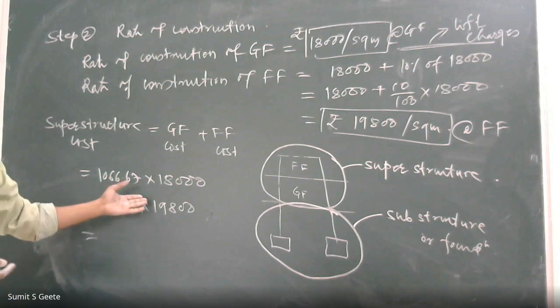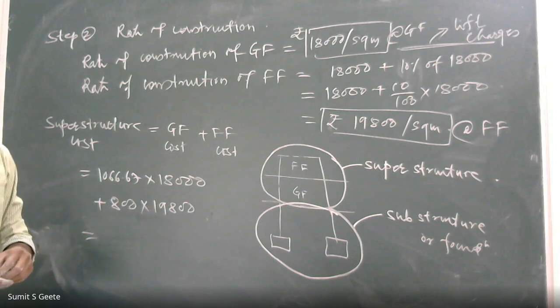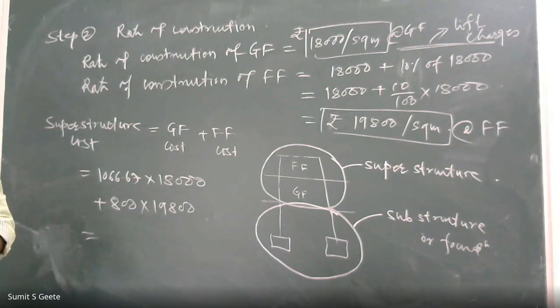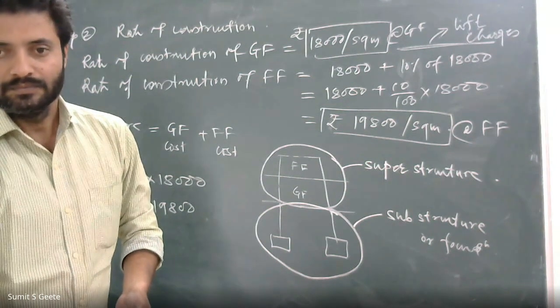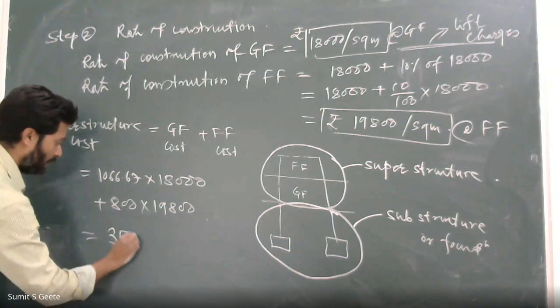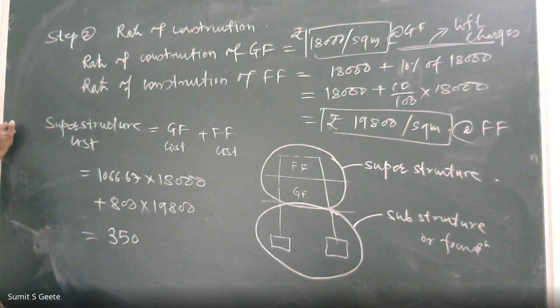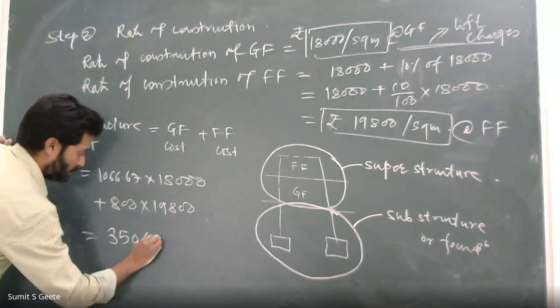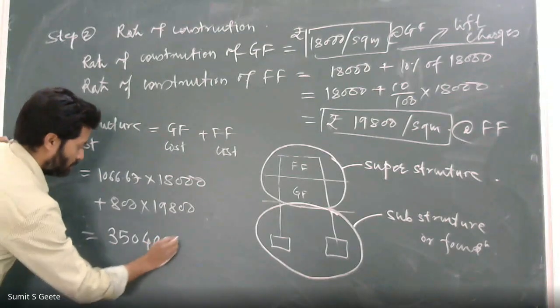This is the simple calculation. There is nothing in it. 350.4 into 10 to the power 5. Just a minute. 35.04 into 10 raised to power 6. 350, then 4, 0060.